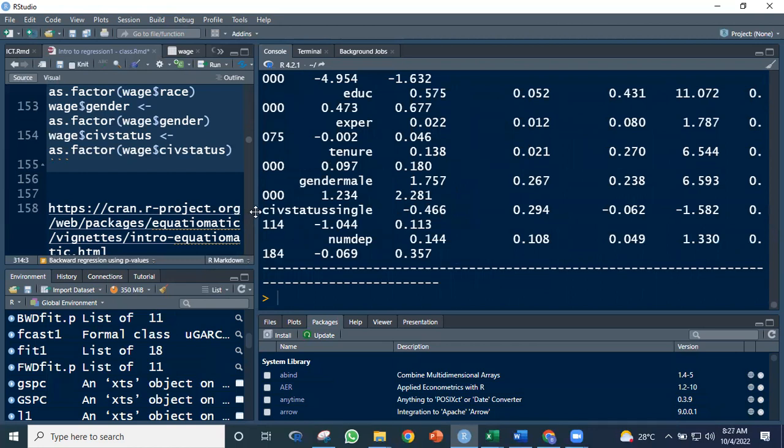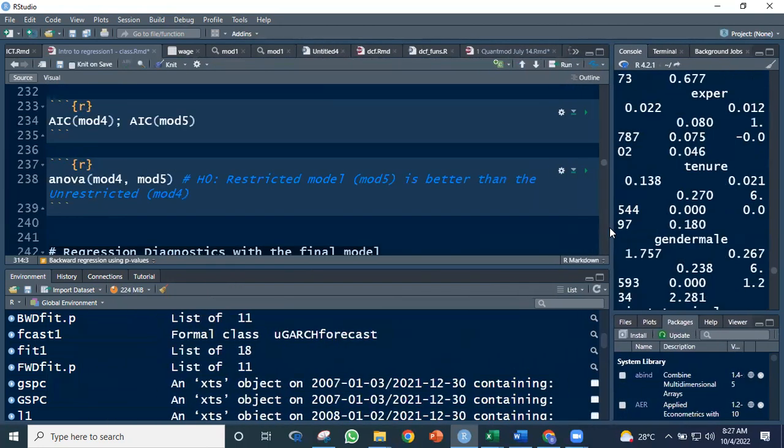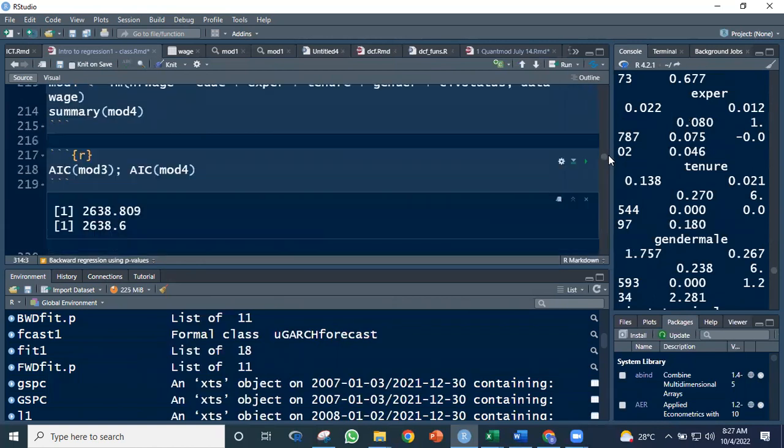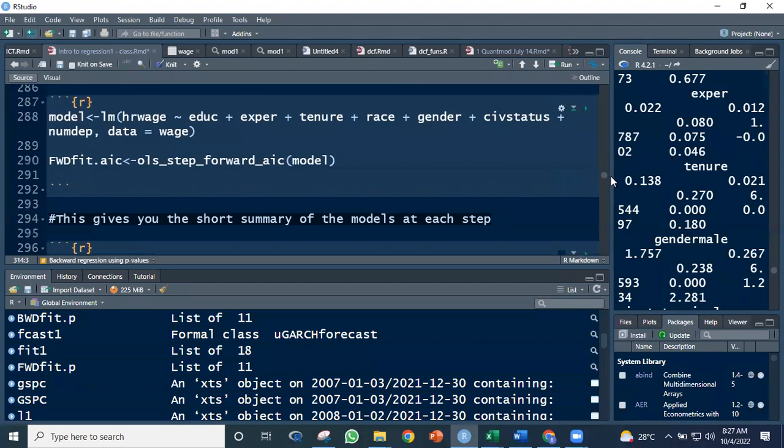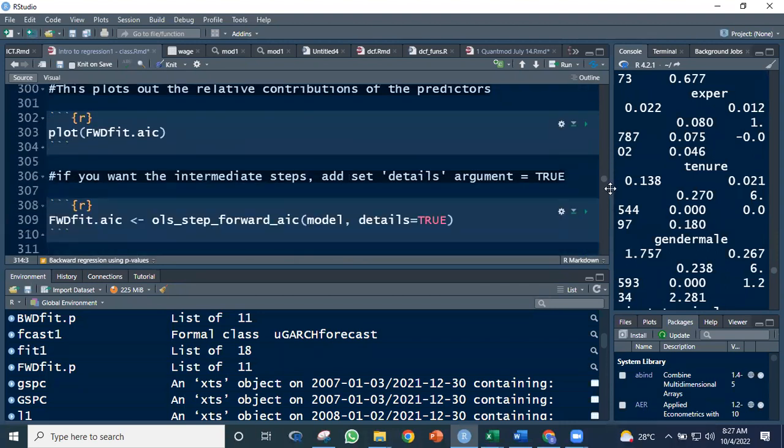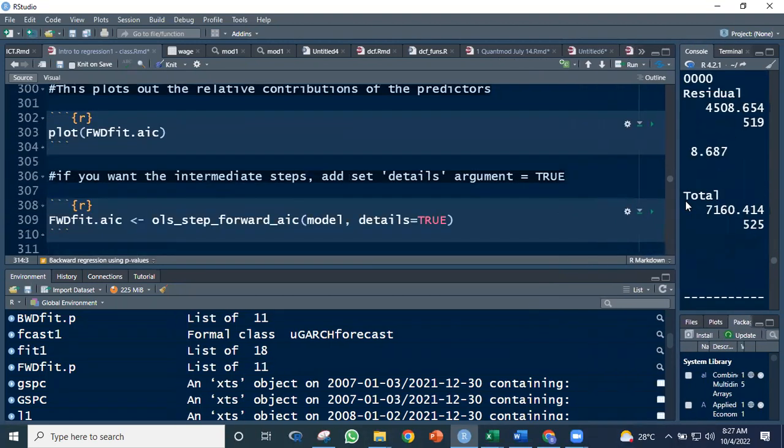Wait. What, race only? Is something wrong with my model? Wait a moment. Because only race was removed.